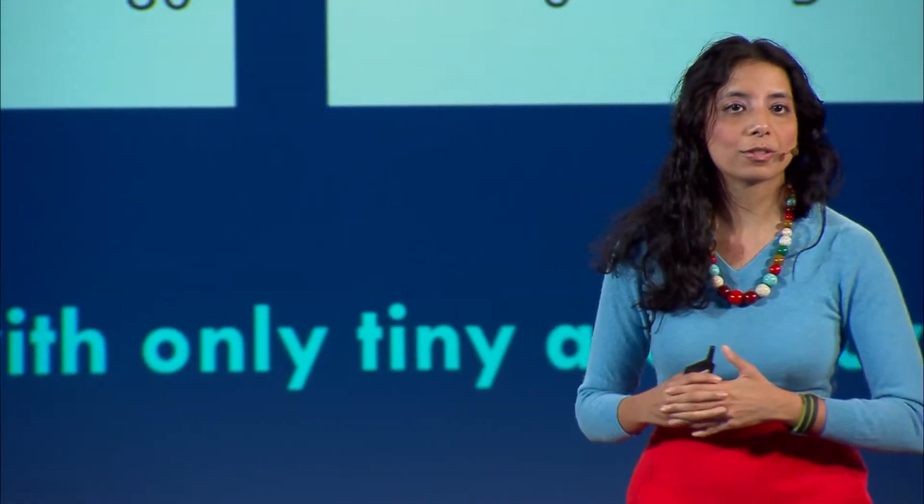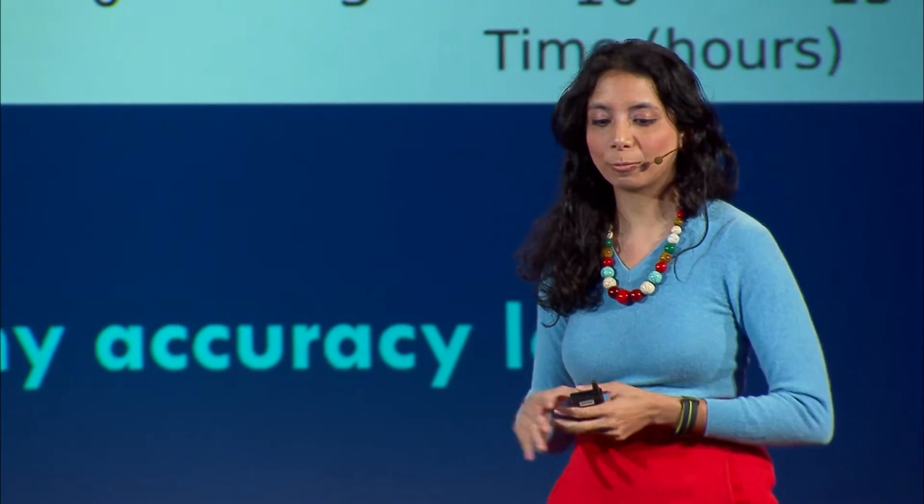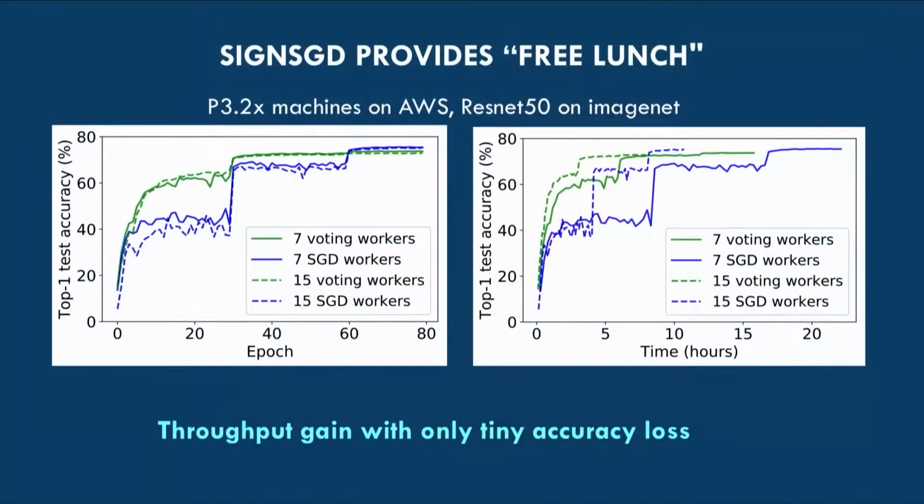What we found in our recent experiments was that you have almost no loss in accuracy. On ResNet-50 on ImageNet, we see the test accuracy, both at 7 workers and 15 workers, is almost the same in the end. But when you look at the time, the throughput, you get a gain with SignSGD. At 7 workers, it's about 30%.